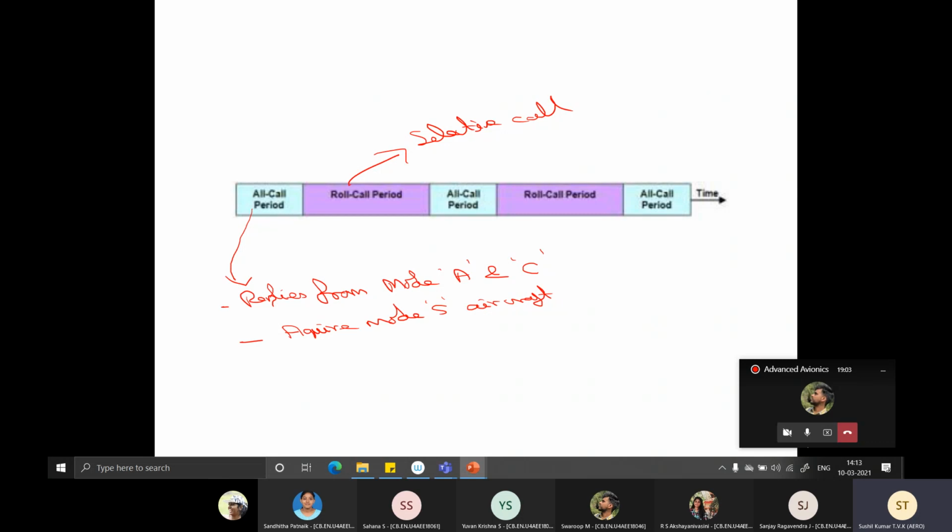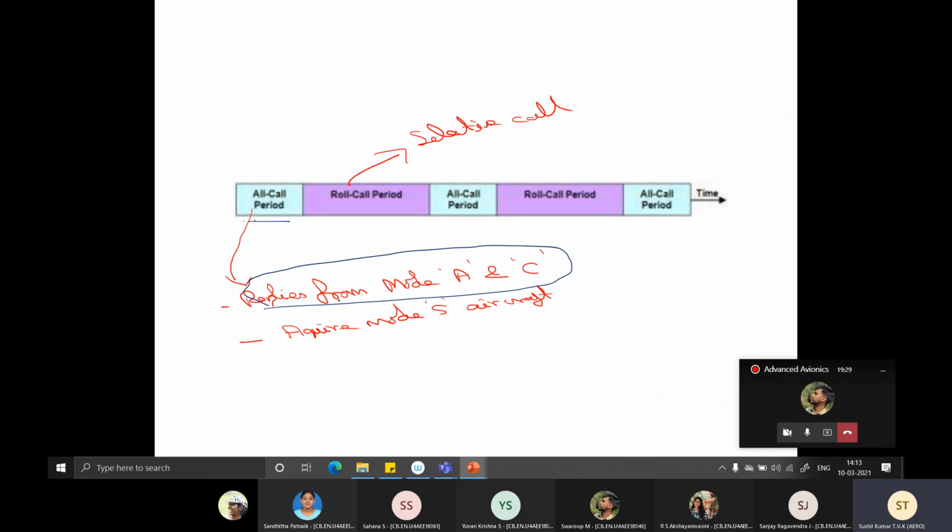Okay. Now, Sanjay was talking about all call and selective call, the roll call. So during the all call period, you can also switch over to the mode in which you get mode A and C also. That is the first waveform which I was showing.